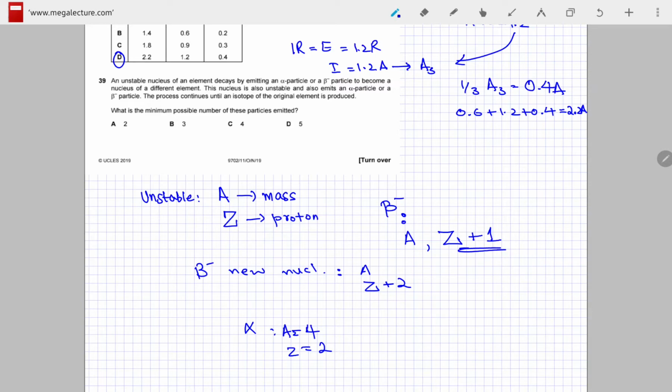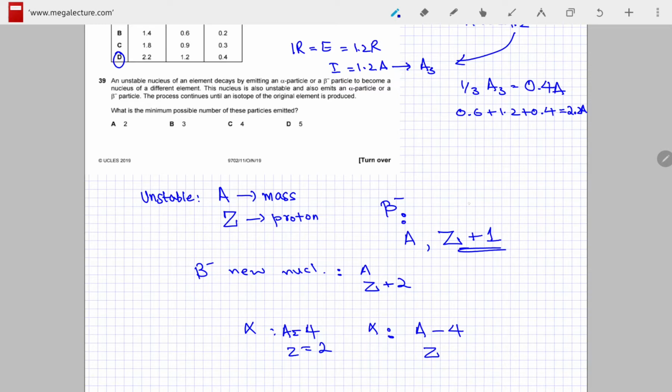So this is going to produce an isotope of the original element, and by alpha decay the mass number would decrease by 4 and the atomic number would remain Z.